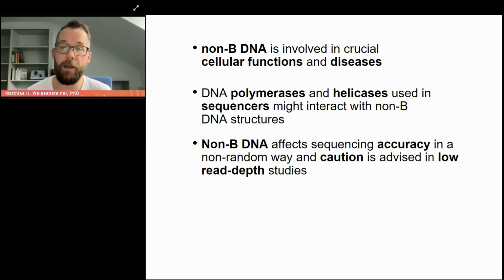And finally, the non-B DNA motifs seem to be associated with sequencing accuracy in a non-random way, and referring to the probabilistic estimation of false positives, I would say that particularly in situations of low read depth, caution is advised.